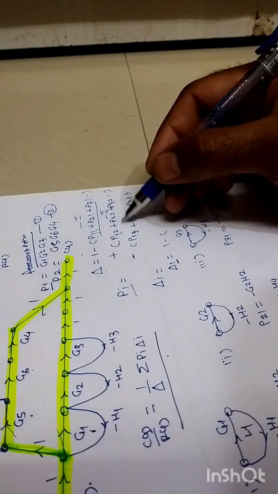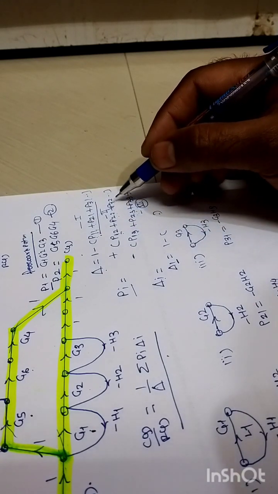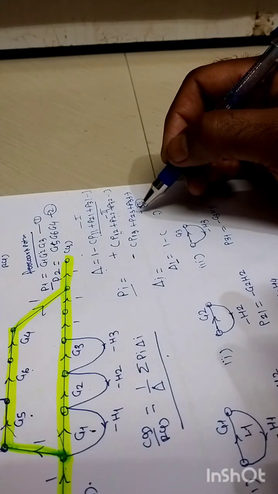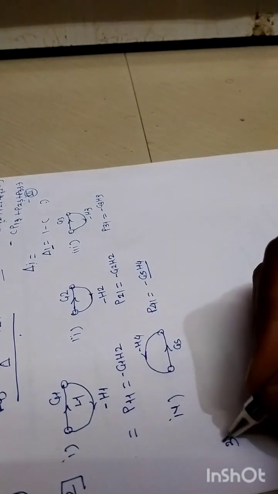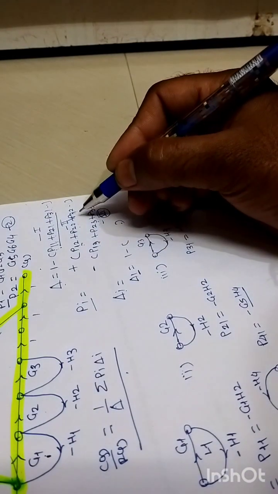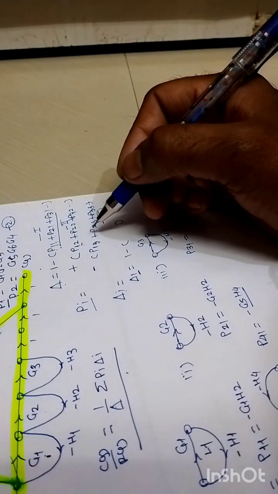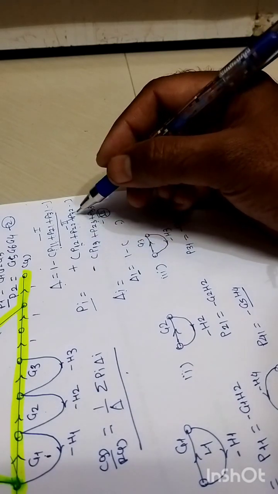As I told you earlier, parenthesis number 2 is the sum of gain products of two non-touching loops, and parenthesis number 3 is the gain product of three non-touching loops. So in the third step we need to determine the parameters of parenthesis number 2, that is, the gain product of two non-touching loops.